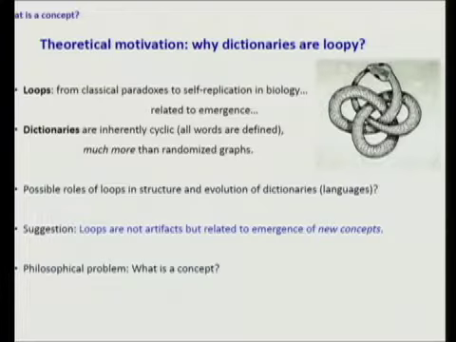Well, this is some very speculative or imaginative motivation for why we should be interested in loops in general. We know loops from classical paradoxes, right? Gödel, etc. And there is a major loop in life, that of self-replication, an object that replicates itself.